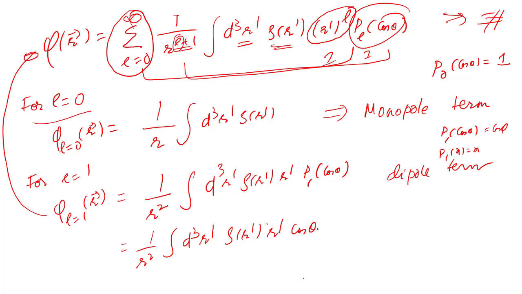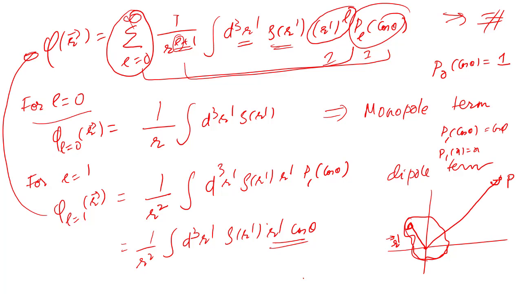Right? So now if you go back and look at what is r prime cosine theta, we have the arbitrary charge distribution here. R prime is the location of one particular part of the charged body, and R is the location of point P, and the angle theta is this.